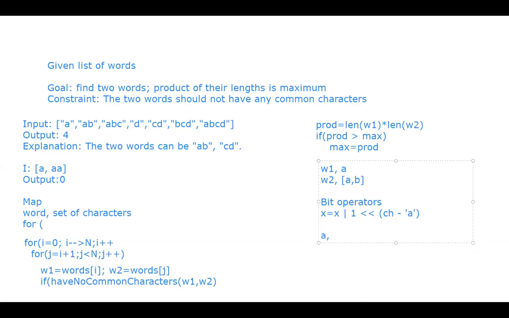So when I'm comparing A, B, C, D, like something like this, I don't need to traverse this whole string. Once I compare A with A, there is a match, and I just return false because I can't consider that pair. That is true, because that way, if the string is really long, that is one optimization I can do, right?